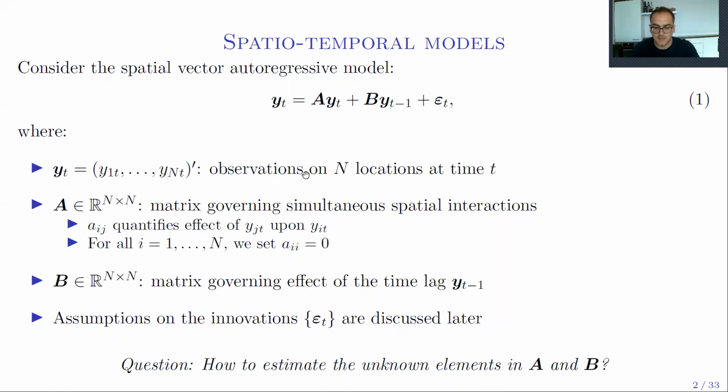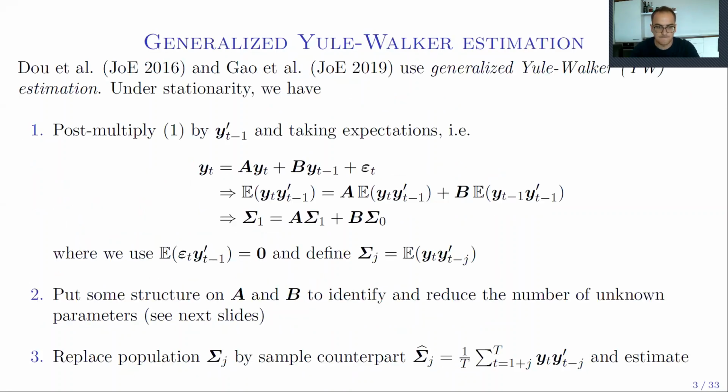The question becomes, how can we estimate the unknown elements in A and B? Recent contributions in the literature show that a feasible way to estimate the elements in A and B is by the use of generalized Yule-Walker estimation. What does that mean?